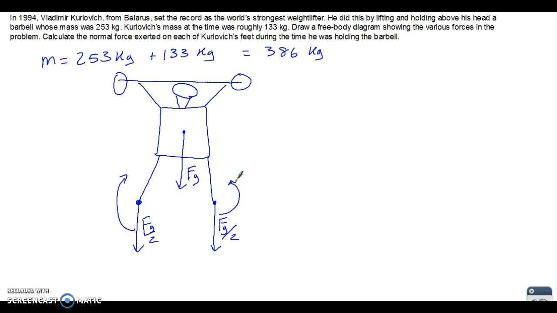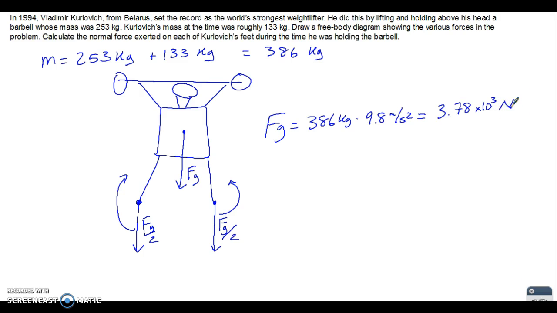So we say that force of gravity is equal to 386 kilograms times 9.8 meters per second squared, which gives us 3.78, 3 sig figs, times 10 to the 3rd newtons.